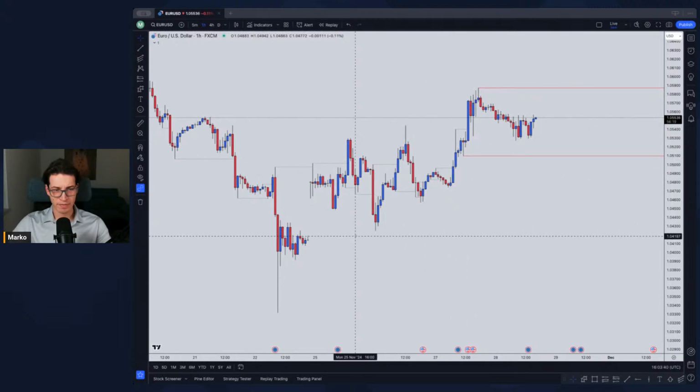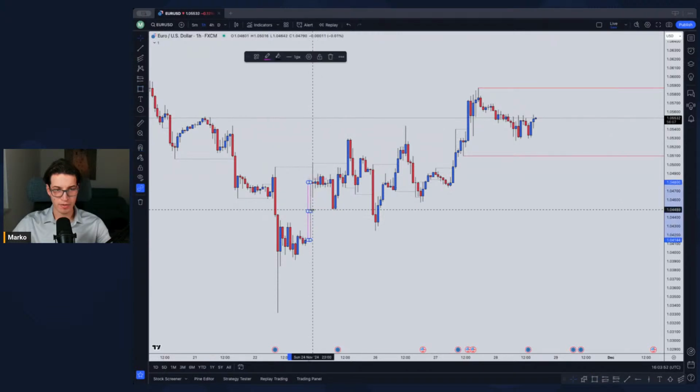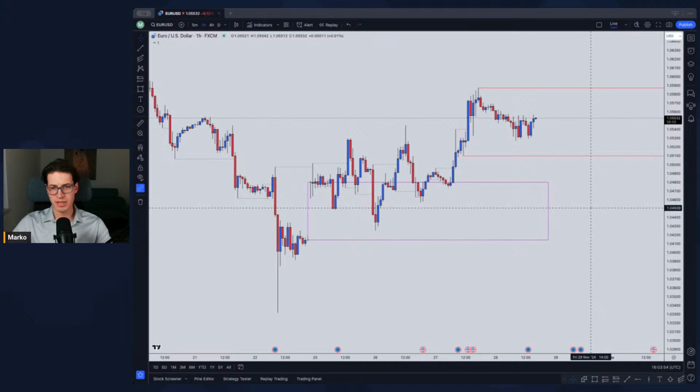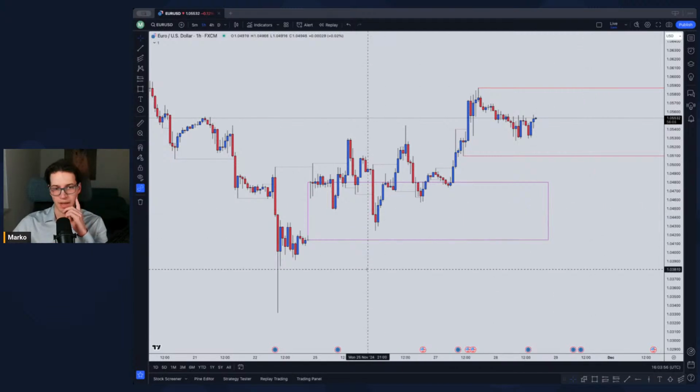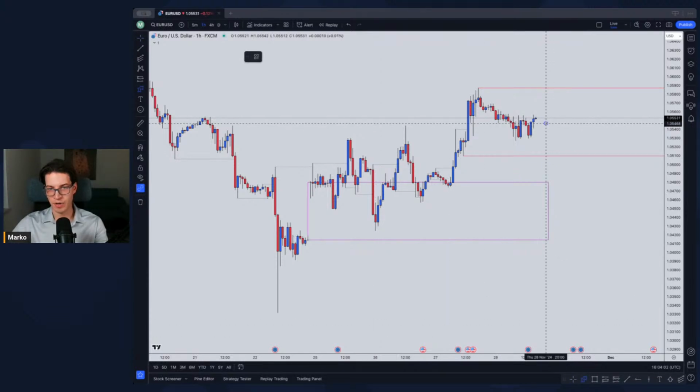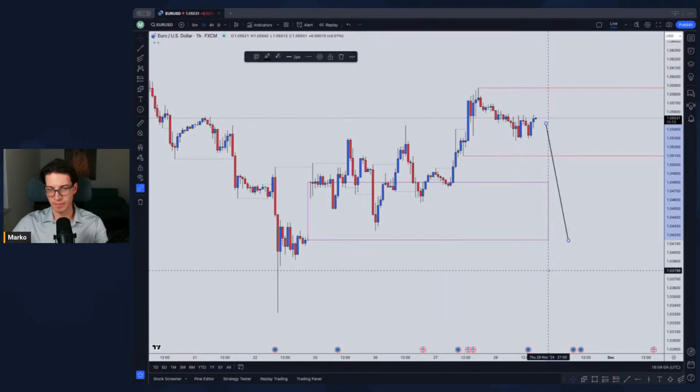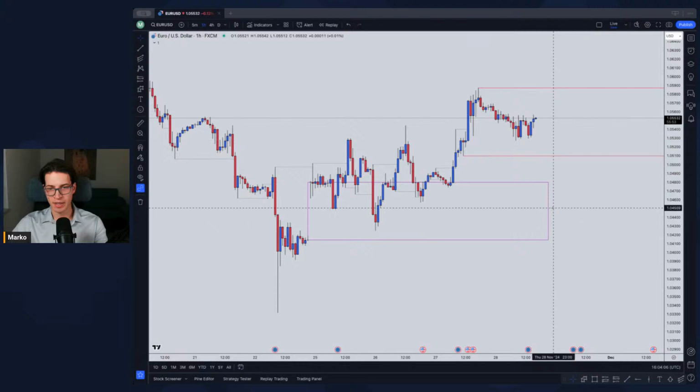So has it been filled yet? No, not 100%. So if we put our cursor here, this is where it started, here's where it ended. This is the gap area. And you can see a part of it has not been filled yet. So I do expect for us to go and retest that level. I do expect that will happen.